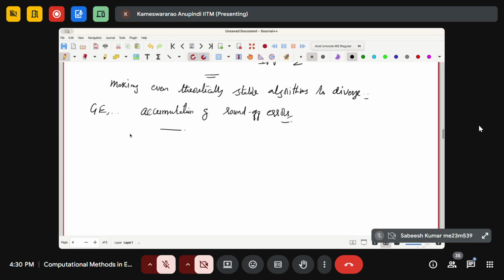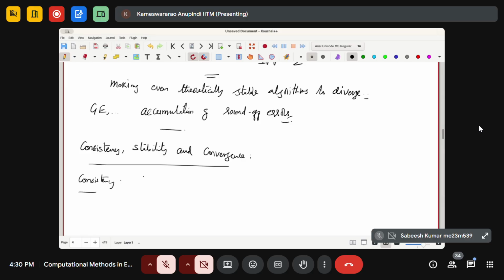These are the main 3 types of errors that you would get. Then let us also look at what is known as consistency, stability, and convergence. So what is consistency?